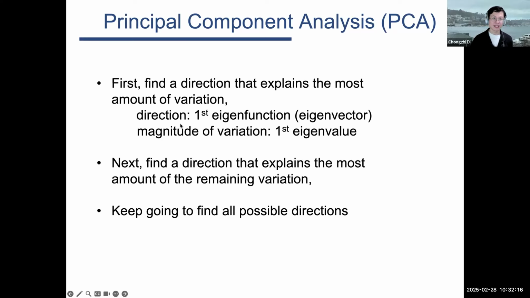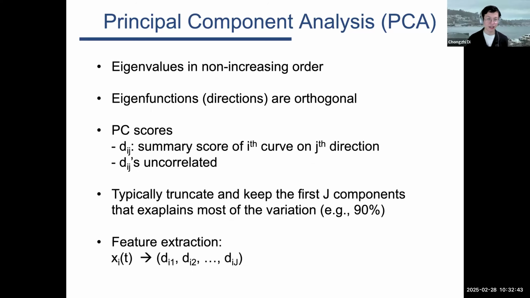And then we can also estimate the amount of variation that's explained in that direction. That's our eigenvalue. So that's the first one. After you find the first one, you take out the variation explained in this direction and then find the next direction that explains the most variation in the remaining part, right? You just keep going until you find all these directions.